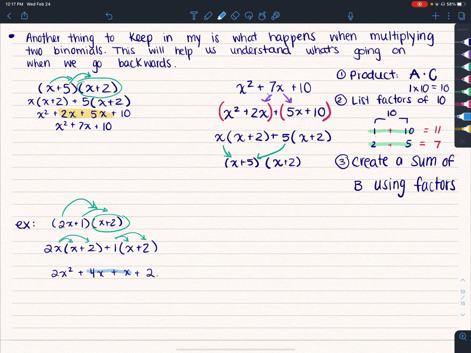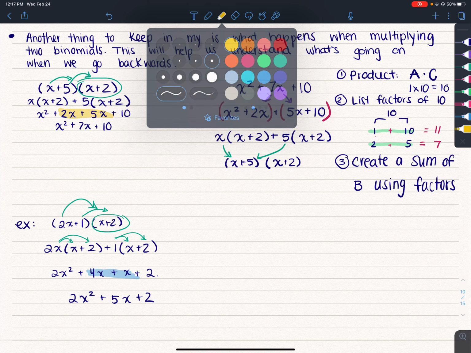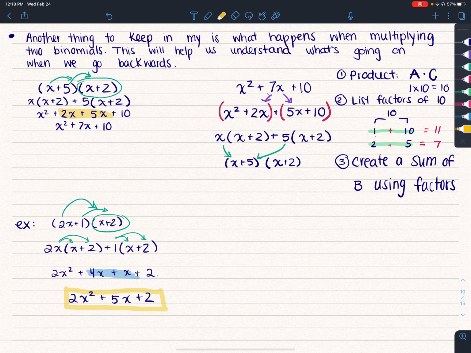And then the simplification step here, 2x squared plus 5x plus 2. So that's the trinomial. And again, when you're doing the problems, you're just going to be given the trinomial and asked to get here.